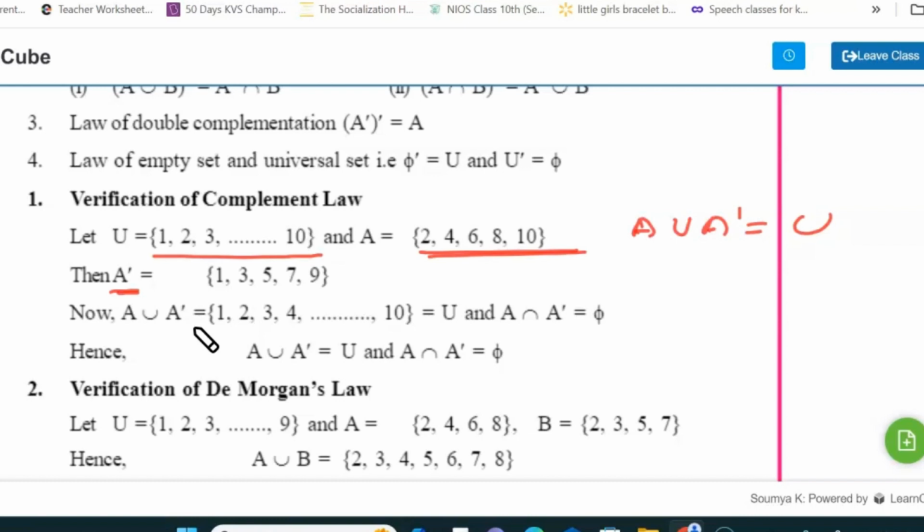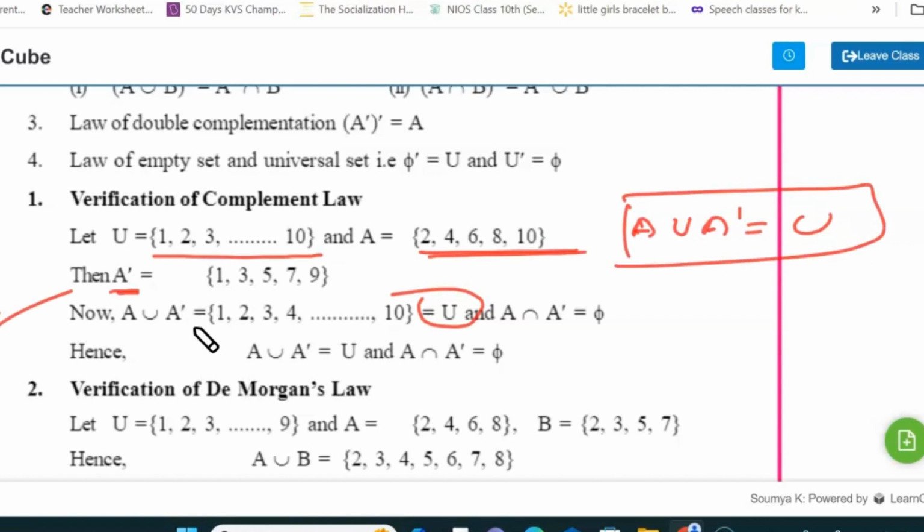Then A and A complement, if you combine both of them, you will get the universal set, because each element will be included once if it is a repetition, and combination of both the sets will be taken as the result. So 1, 2, 3, 4, 5, 6, 7, 8, 9 and 10, everything is included, which will be the universal set that we have taken. Okay, so this law is verified.